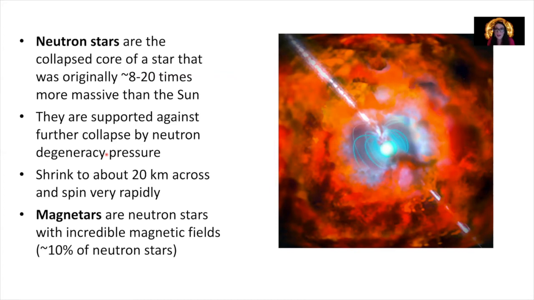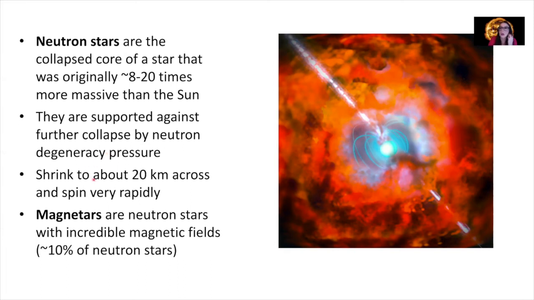So now we've got a bunch of neutrons that are making up this star, not necessarily electrons. And you can't have more than one neutron occupying the same space, and so those neutrons are going to want to repel away from each other. So you've got a gravitational force pulling everything together, and that's being supported by this neutron degeneracy pressure.